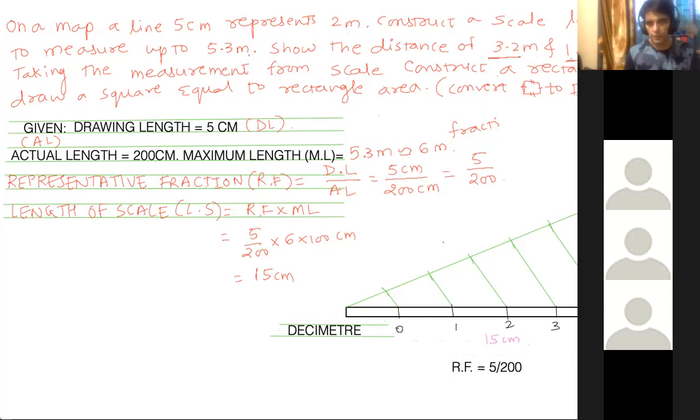Then we'll divide the first block into how many parts? 10 parts. I'm just moving this down. Sorry.